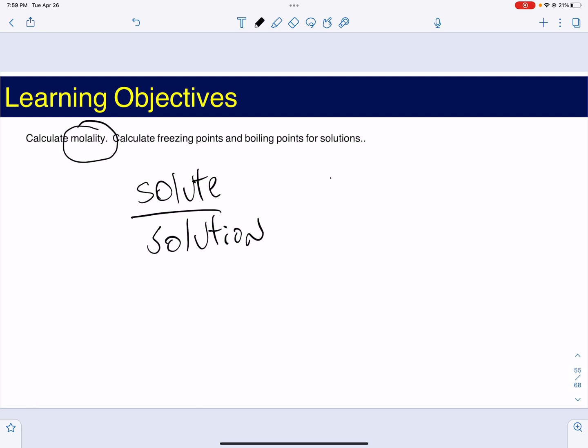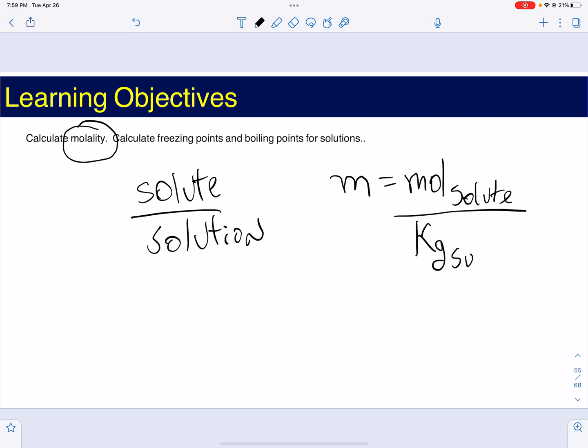Molality, which is a lowercase m, is moles of the solute over kilograms of the solvent. Not the solution, but the solvent. So that's what molality is. And we're going to see that it's a very special type of concentration that allows us to describe some properties of matter, like boiling point and melting point, that change the properties of the pure solvent when you add the solute to it.